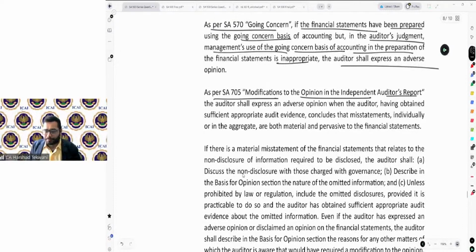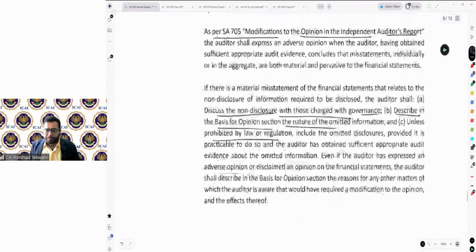I need to discuss the non-disclosure with those charged with governance. Describe it in the basis of opinion section. Okay, unless prohibited by law or regulations, I will discuss the matter with those charged with governance.